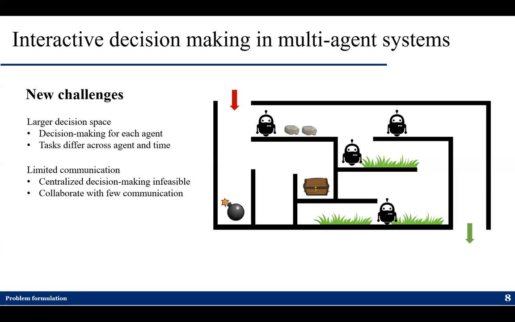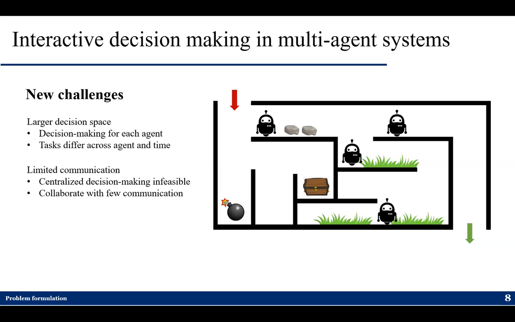And then another challenge is that for many multi-agent systems, the agents are actually decentralized, which means this kind of centralized decision making is no longer feasible. We cannot simply ask everyone to upload all their observations to a central location and then do the model estimation and compute all the decisions on that central machine.